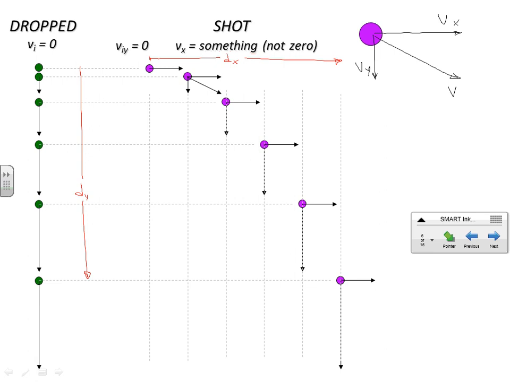If we add Vy over here, tip to tail with Vx, we get the whole vector V. Notice this velocity vector, the actual velocity that the object has, keeps getting bigger and keeps changing direction, and hopefully we can see that that's why this thing moves in a parabolic path. That path is called a parabola.